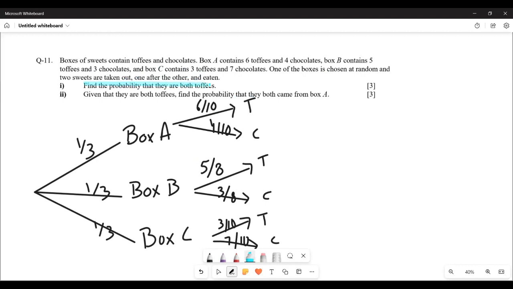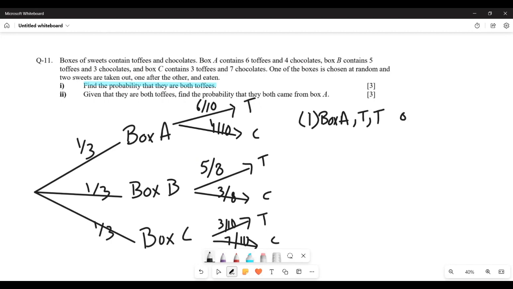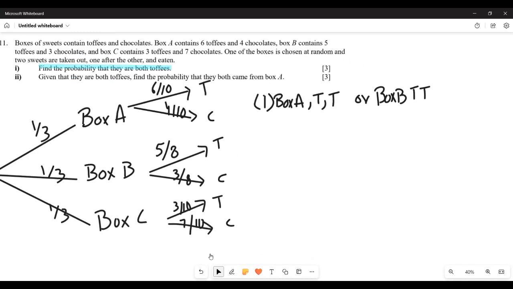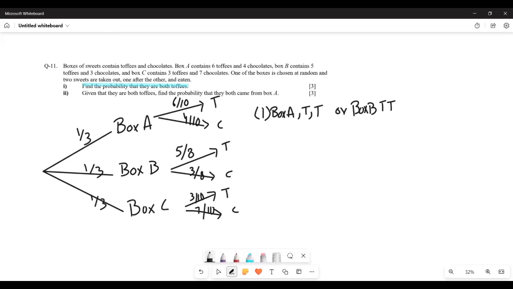Find the probability that they are both toffees. So now we have to find the probability that box A is chosen and a toffee is drawn and again a toffee is drawn, because they are drawing two candies. And from box B a toffee comes out and again a toffee. And the same for box C. So box A's probability is 1/3.